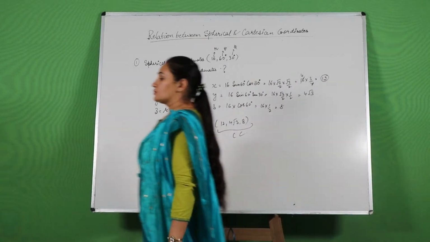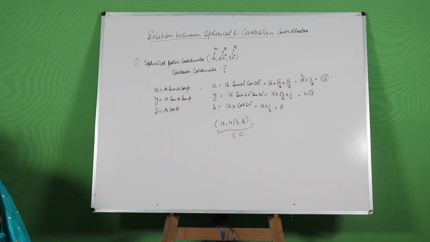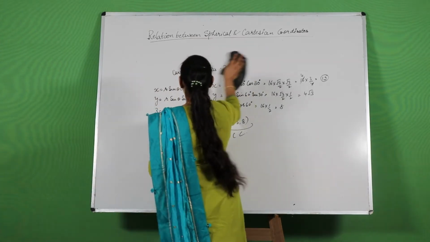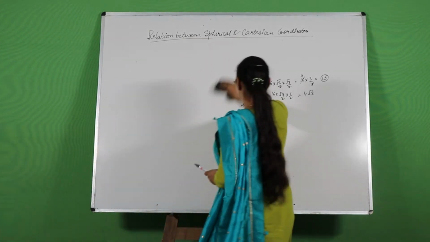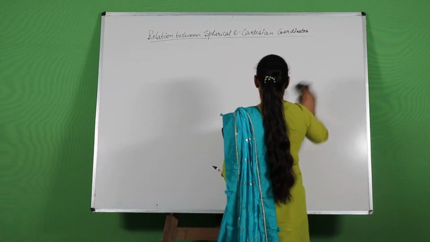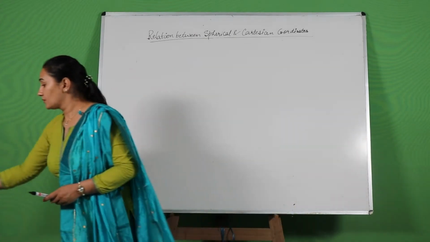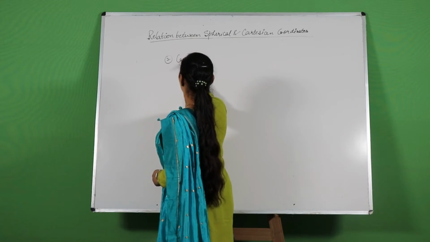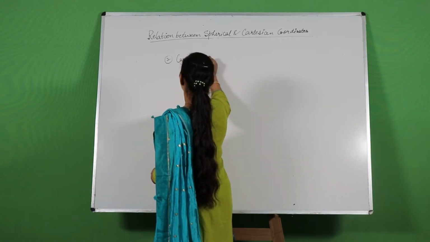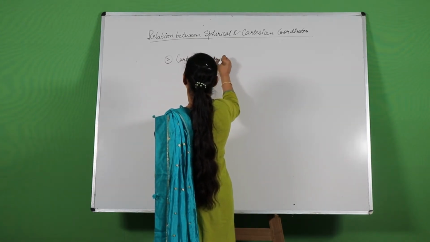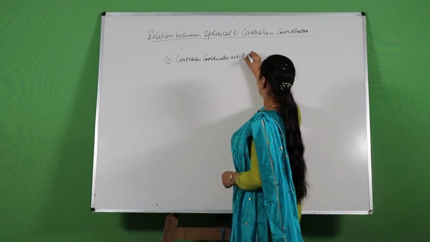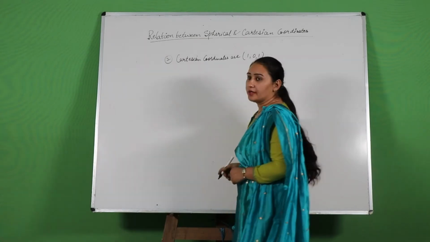Now my next problem is, I want to find the spherical polar coordinates if Cartesian coordinates are given. Cartesian coordinates are 1, 0, 1.